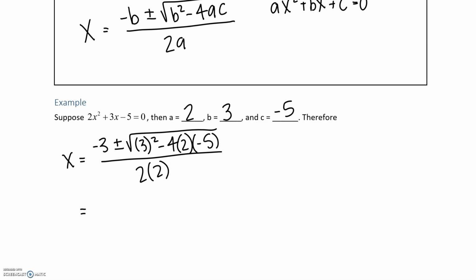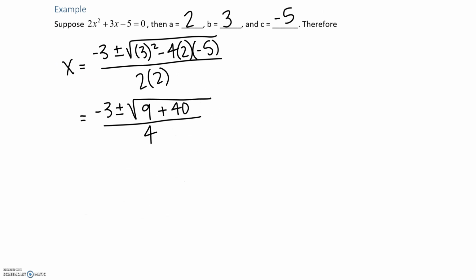So this is going to equal negative 3 still on the outside, plus or minus the square root of 3 squared, which is 9. And then we have negative 4 times 2 times negative 5, which gives us a positive 40, over 2 times 2, which is just going to be 4.